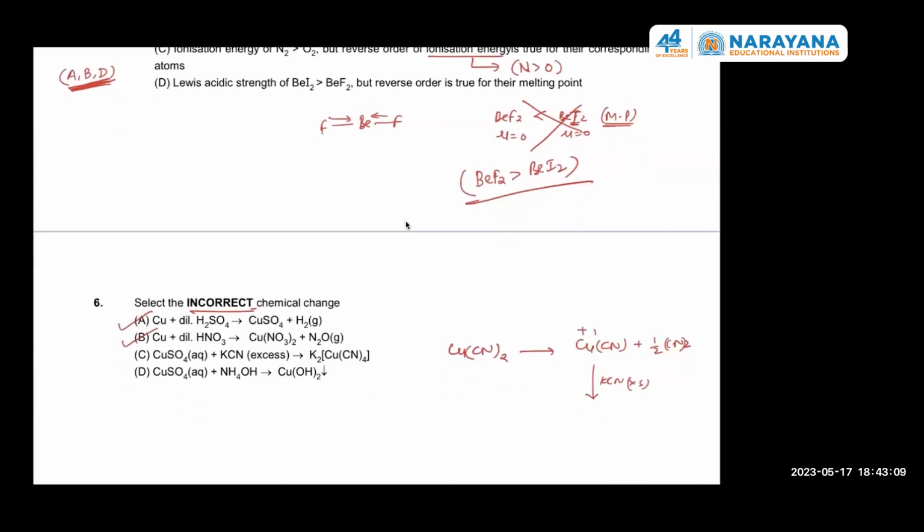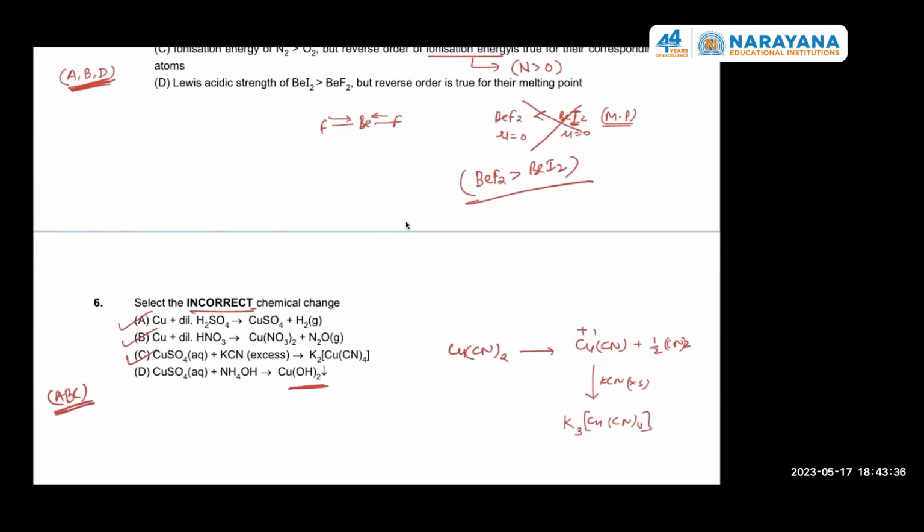So the complex will be K3[Cu(CN)4], not K2[Cu(CN)4]. So this will also be wrong. And in case of ammonium hydroxide, first of all it will form a precipitate of Cu(OH)2. So this is correct. So the answer is A, B, C.